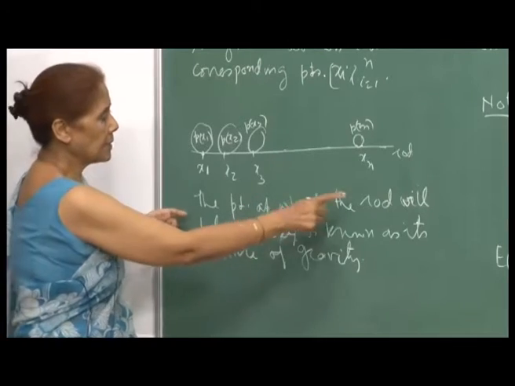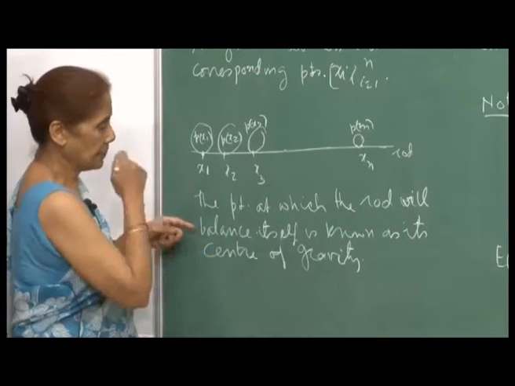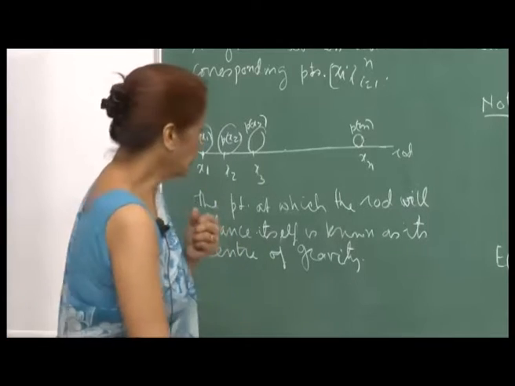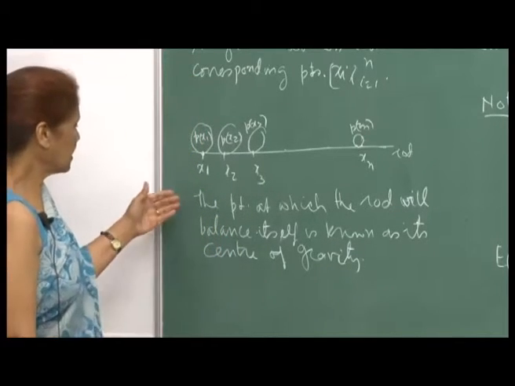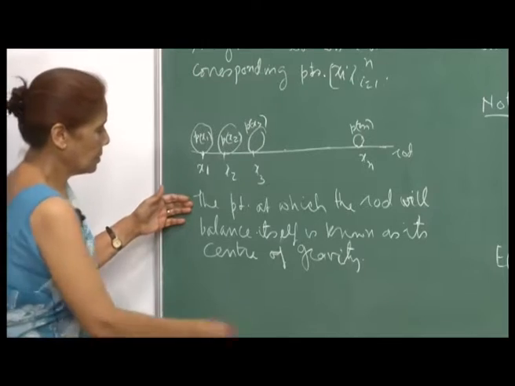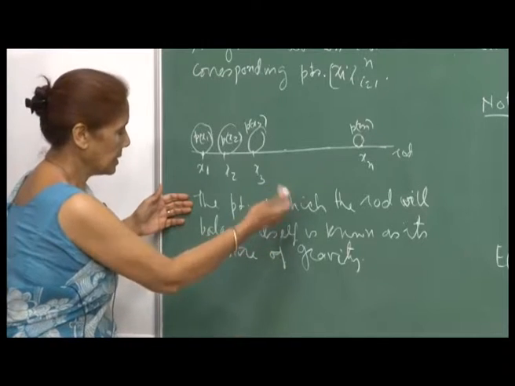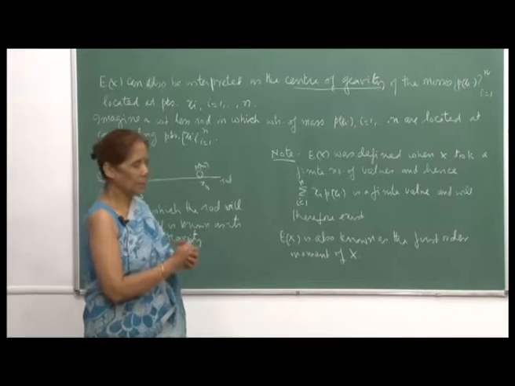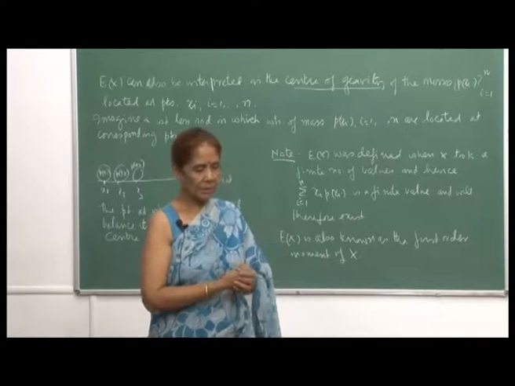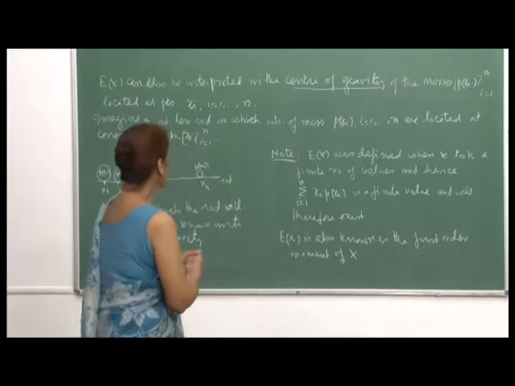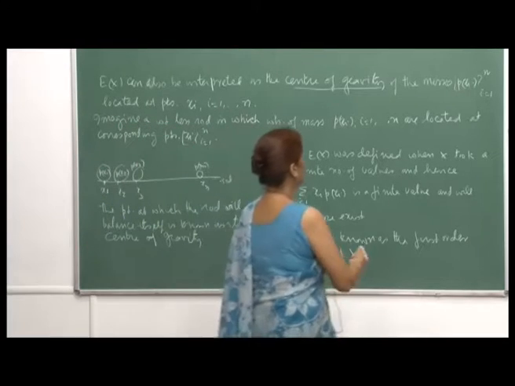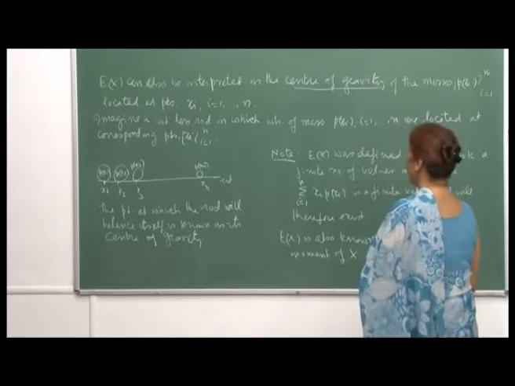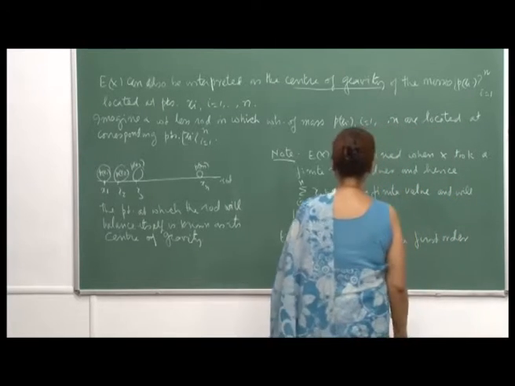Now, the point at which the rod will balance itself is known as its center of gravity. So, this is exactly what is given by the expression E(X). E(X) can also be referred to as the center of gravity of these different masses, which are the probabilities located at the corresponding points x_i's.